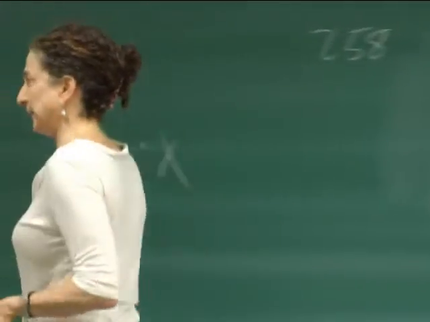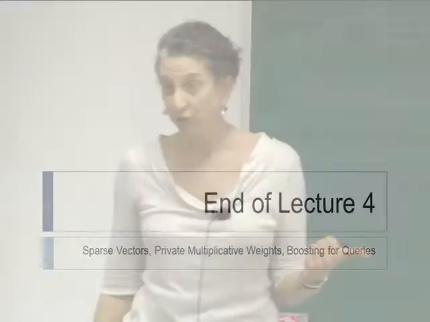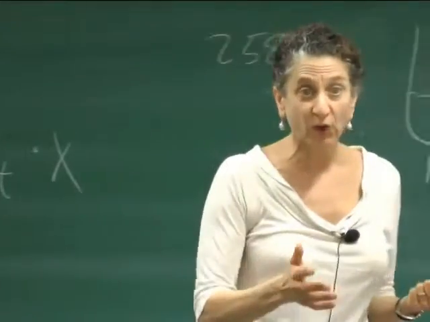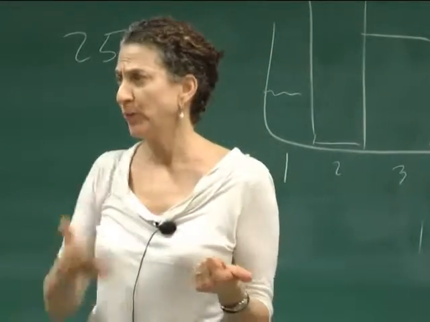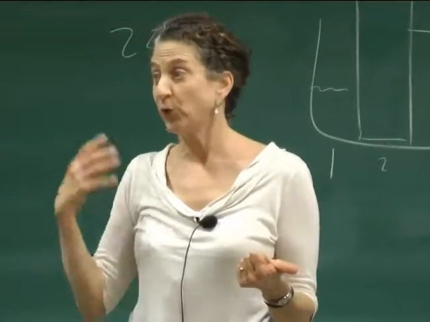Okay. So that is what I prepared for this morning. So we went over the sparse vectors, where we had these k queries, this large number of queries, but not too many of them were above threshold. We only paid a privacy price for the ones above threshold.